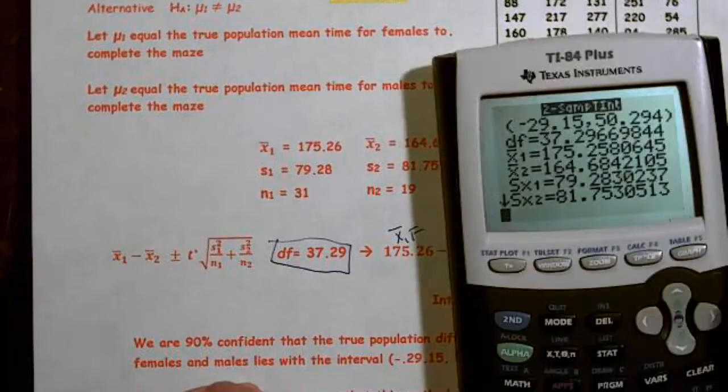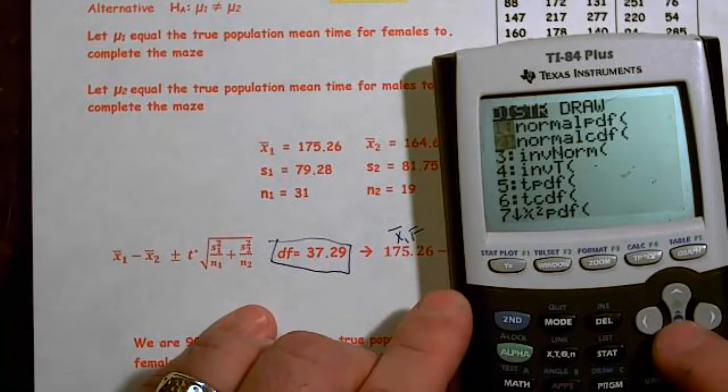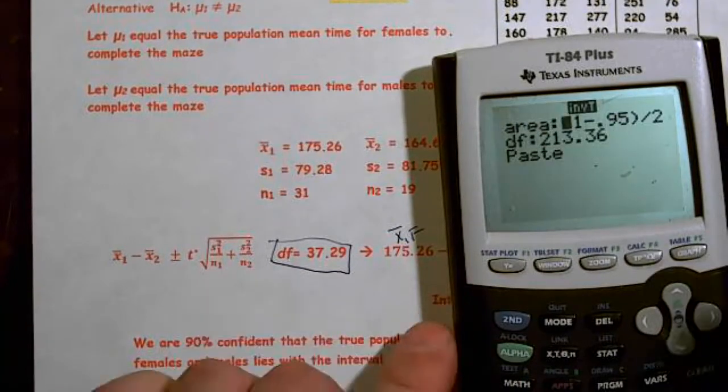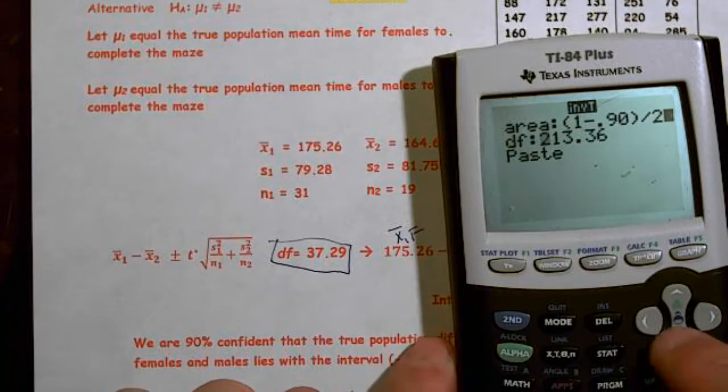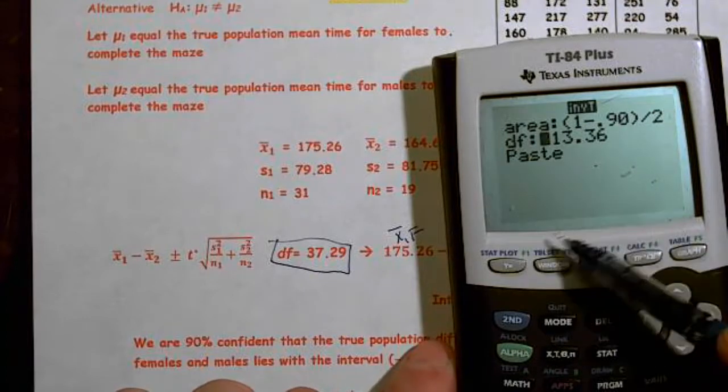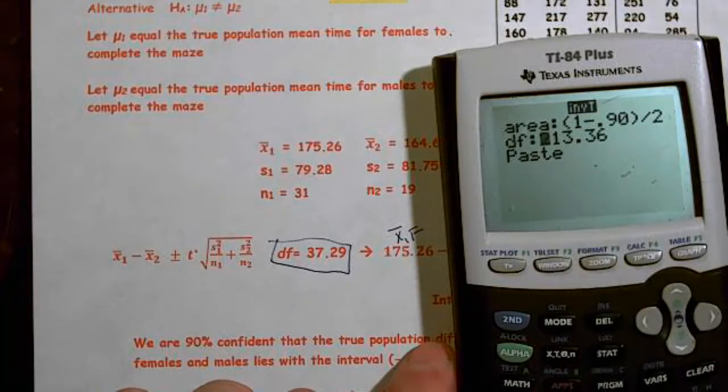So as a reminder, second, vars, inverse t, parenthesis, 1 minus 0.90, close parenthesis, divided by 2, because all confidence intervals are two-tailed. Our degrees of freedom happen to be 37.29.